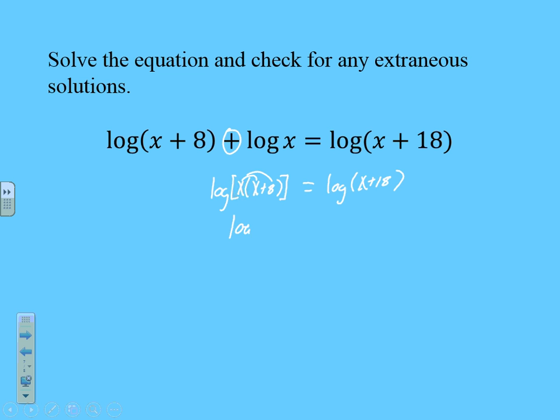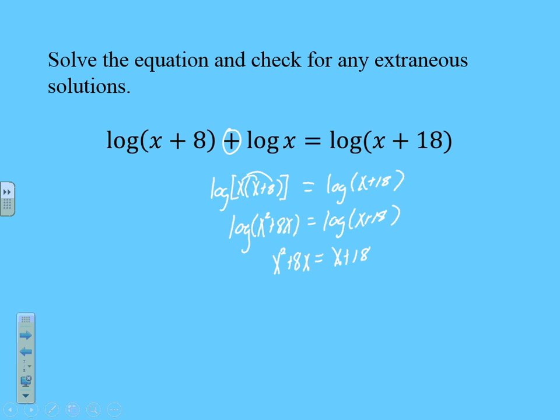And I'm going to get log of x squared plus 8x to be equal to log of x plus 18. So now we have a single log expression on both sides of the equal sign. They have the same base. So at this point, we don't need to write the logs anymore, and we can just take the expressions inside the parentheses, set them equal to each other, and solve for x.